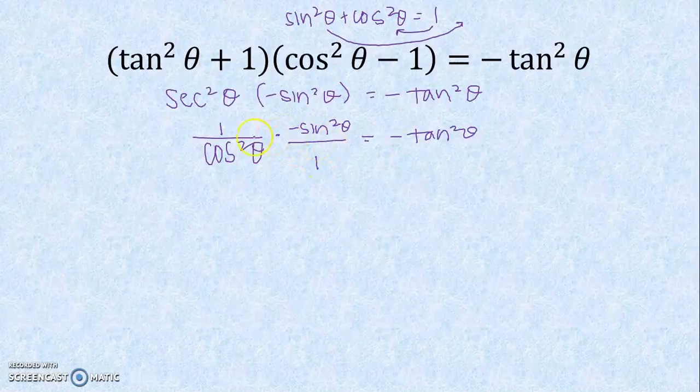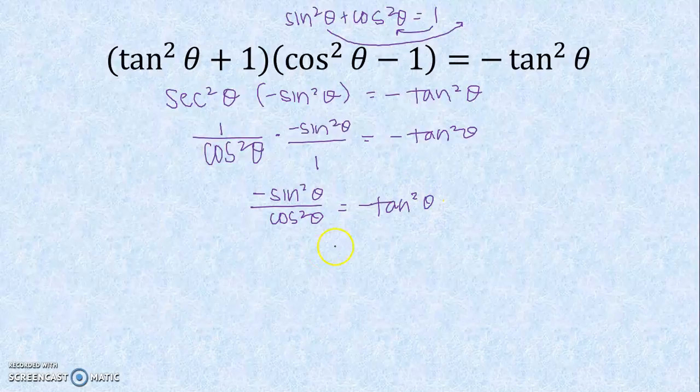I'm putting that over 1 just so we can kind of see what you multiply, but if I multiplied that over, I'm going to have negative sine squared theta over cosine squared theta, which, since I know that sine over cosine is tangent, sine squared over cosine squared would be tangent squared. It is negative because I had a negative over positive. Now that my left side and my right side say exactly the same thing, I am finished.